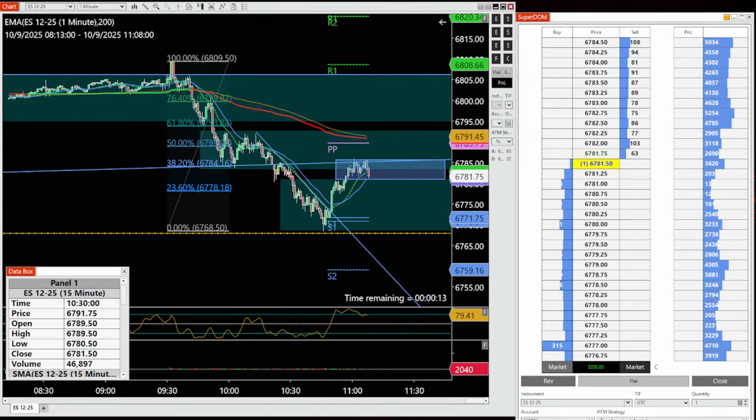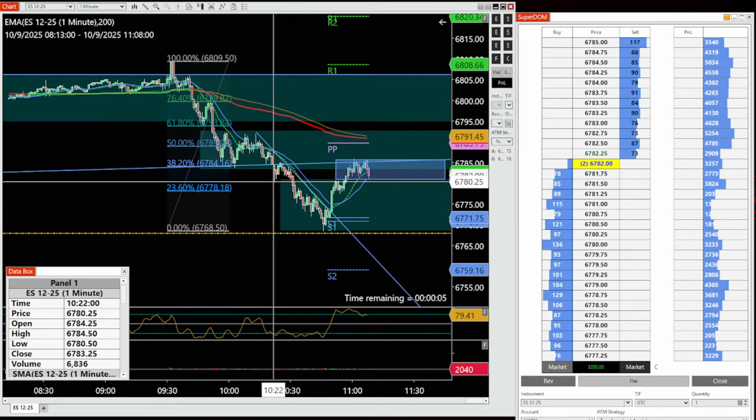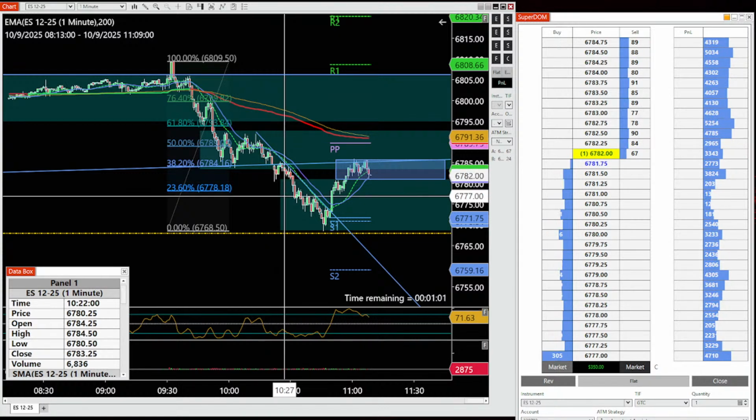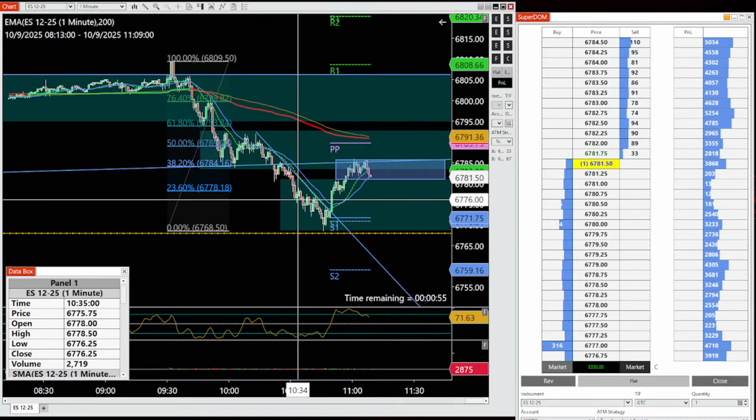Okay, we got this low right here of 80.50. This low, 80.50 here, which if it cracks could bring us back to 77. Which if 77 cracks, then we got this choppy.